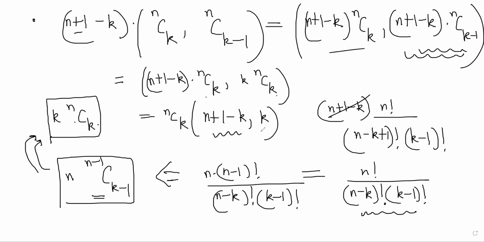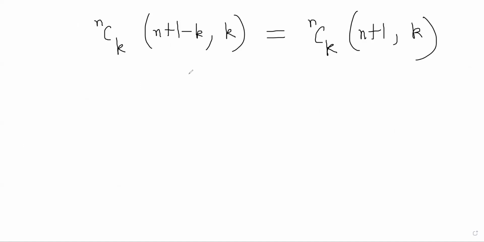Now it is obvious that the GCD of this is the same as nCk times GCD of n plus 1 comma k, because k doesn't affect the GCD, as k is anyway divisible by k. This is the same as Euclid's division algorithm. You can prove that the GCD of this will be the same as the GCD of this. I will leave that to you. It's not a very difficult step.